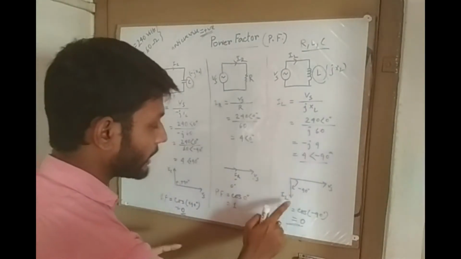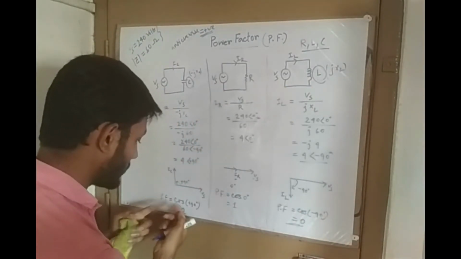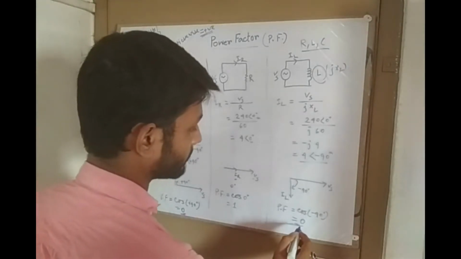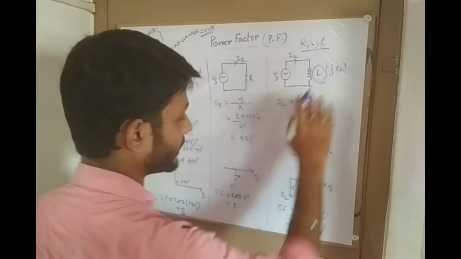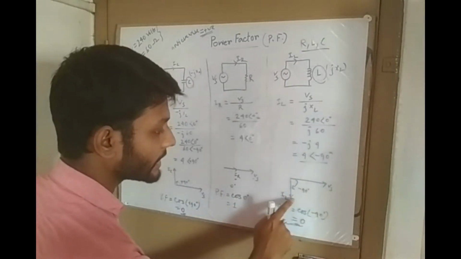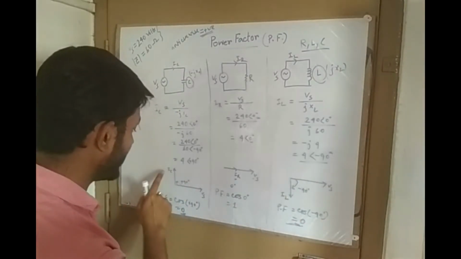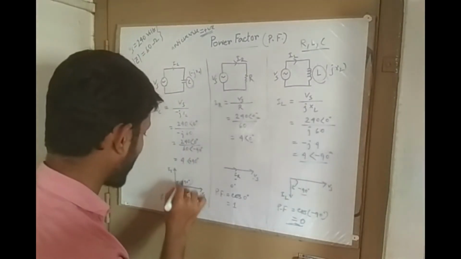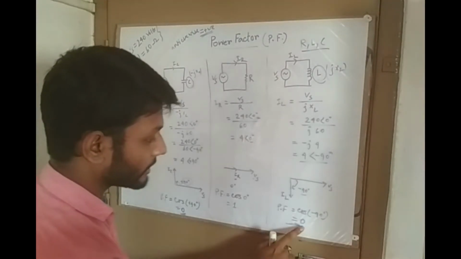Then only, because cos of a negative angle is also positive and cos of a positive angle is also positive, that's why it is coming the same value. So whether it is pure capacitive or pure inductive, for both cases the angle between current and voltage will be 90 degree. Here the current is leading and here it is lagging, but the angle value is the same, 90 degree. Because of this 90 degree the power factor is coming 0.